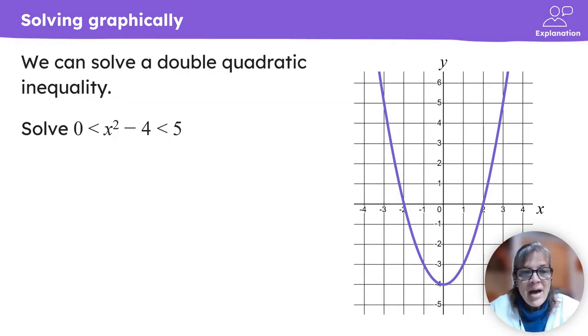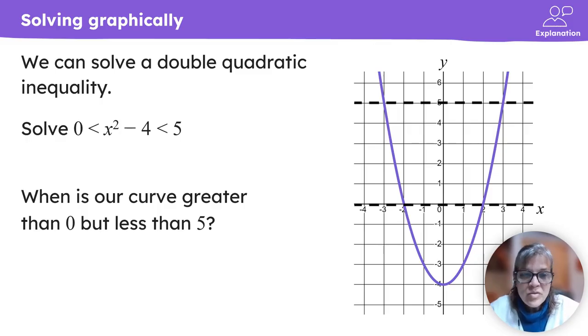If you have a double quadratic inequality and you have graphed the thing in the middle, x squared minus 4 is equal to y, you could also define a region. Where is our curve greater than 0 but less than 5? It would be between these two black lines. So where is the curve in this place?